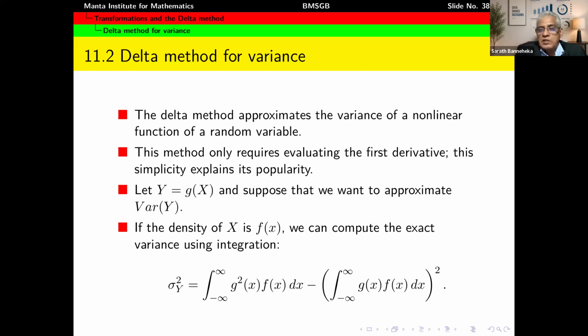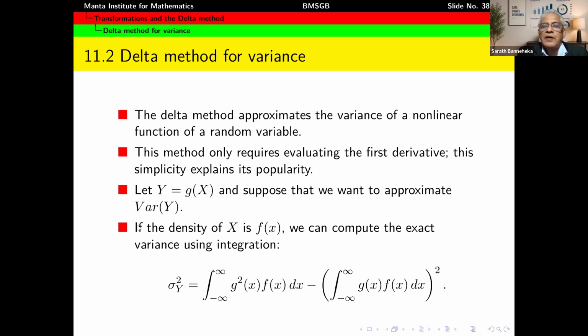So we want to get an approximate expression for the variance of Y. If we know the density of X, of course, we can write down the theoretical expression to get the variance of Y. The problem is usually it will be difficult to simplify that.